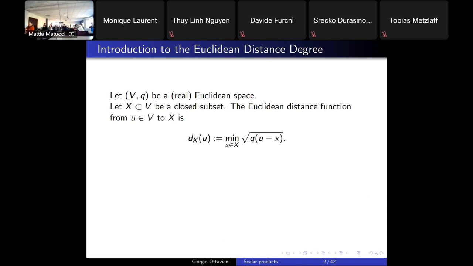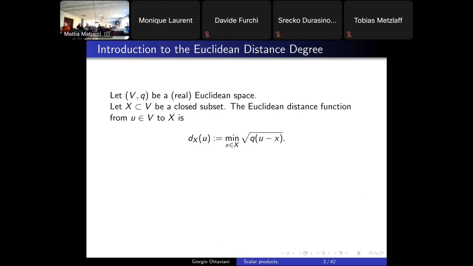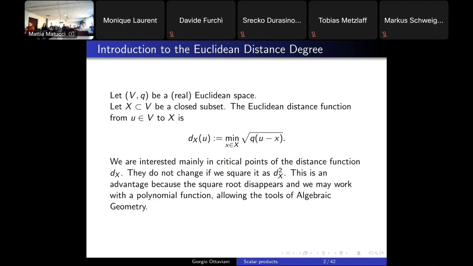Just you compute the Euclidean distance at any point, and you minimize when you can, and when the subset is closed you always can. So there is a minimum, can be not unique, of course, but there is at least one minimum by obvious analytic reasons.